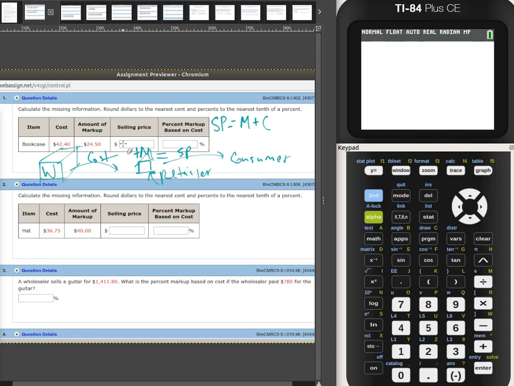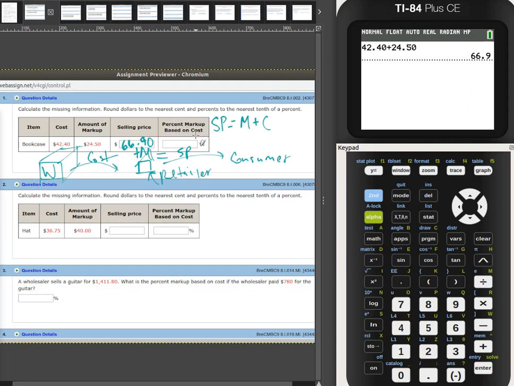Don't you agree that this will add up to 60... $66.90 if you add those. And I'm sure that it would not be too painful just to check this one. Plus $24.50 is $66.90. Very good.